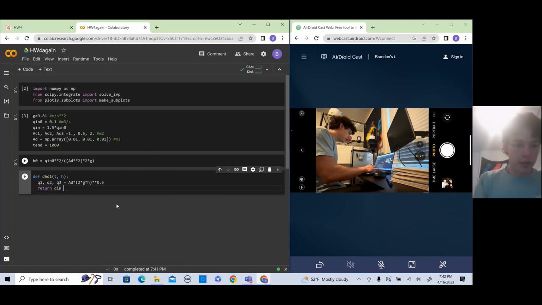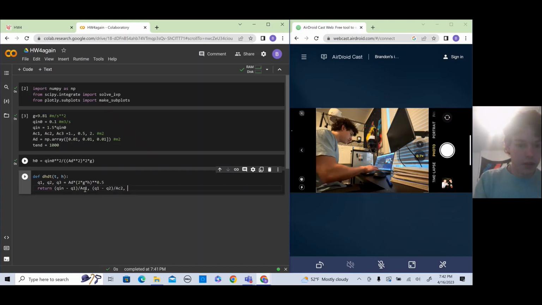So we'll have our Qn minus Q1 divided by the cross-sectional area of 1. Then we'll have what's going into the other tank, so Q1 minus Q2 divided by the cross-sectional area of the second tank.